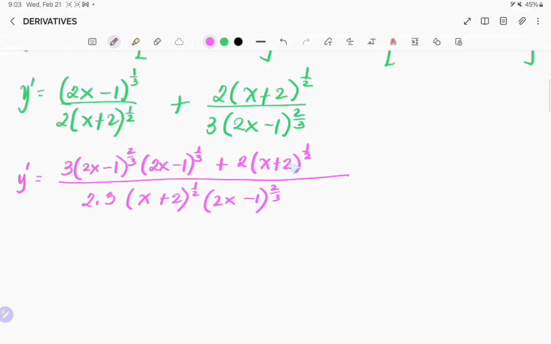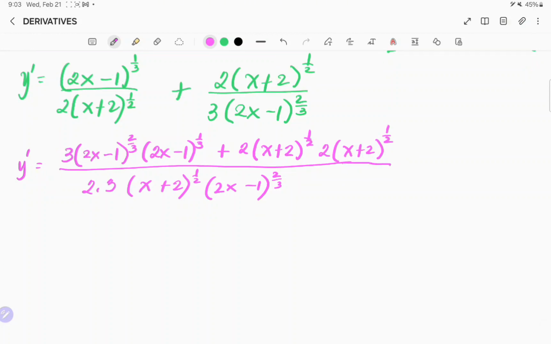And this quotient is to be multiplied to our numerator, which is also 2 times x plus 2 raised to 1 half.